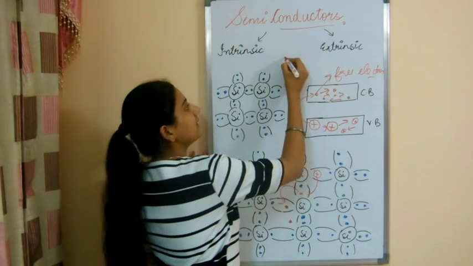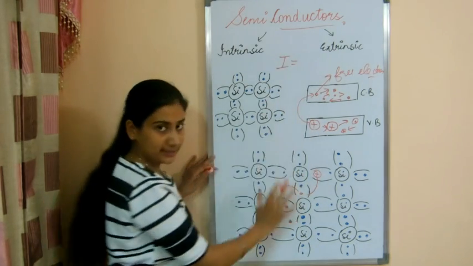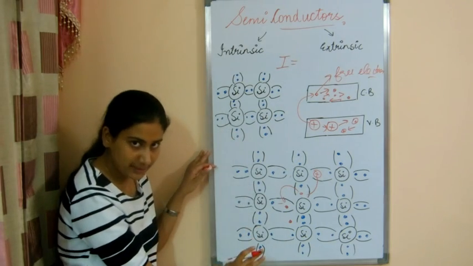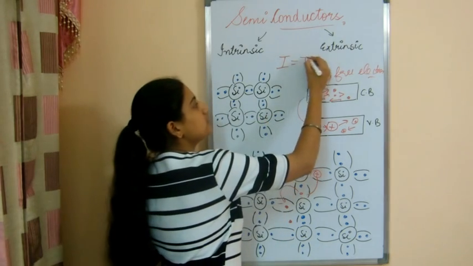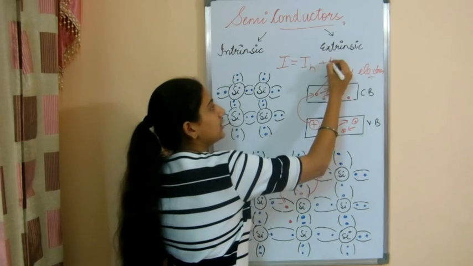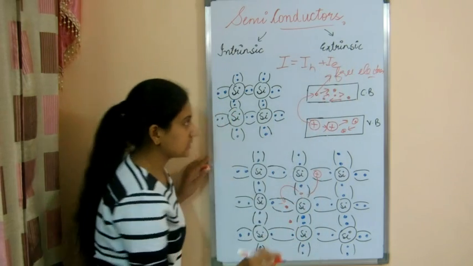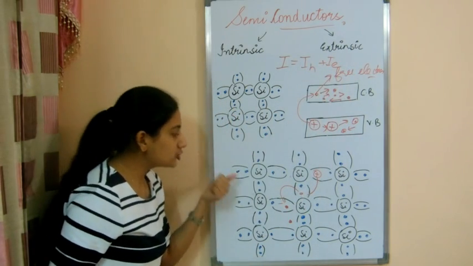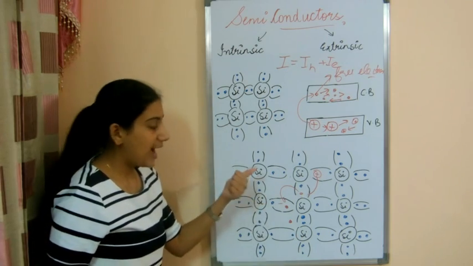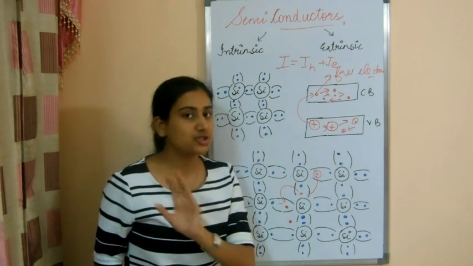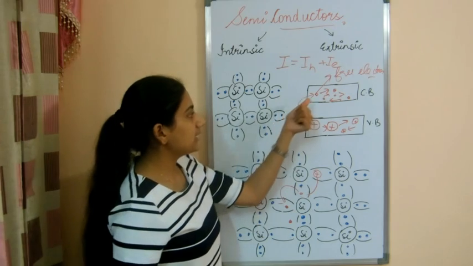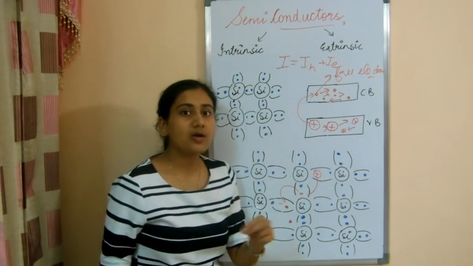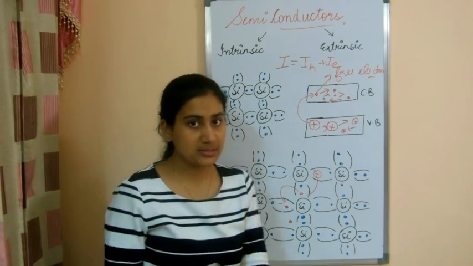So we have seen that the current in an intrinsic semiconductor, here we are talking about intrinsic semiconductor, is because of current of holes and current of free electrons. And when I talk about electrons and holes, I am talking about free electrons, not valence electrons. The electrons and holes are always made in pairs.